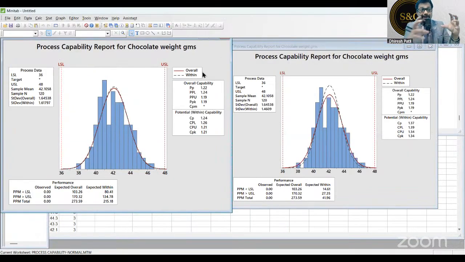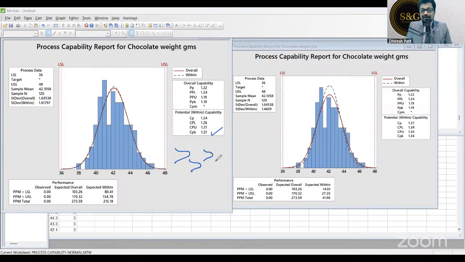So when I'm taking 10 samples, you can see here my process capability is a little lower because my sample to sample variation is impacting my process capability. Are you understanding?